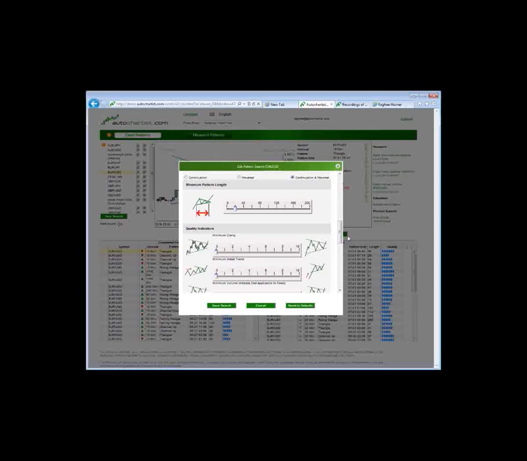Okay, it's all about customizing this platform to your specifications so that the information that it is bringing you is actionable, will instill the confidence you need to act on it.